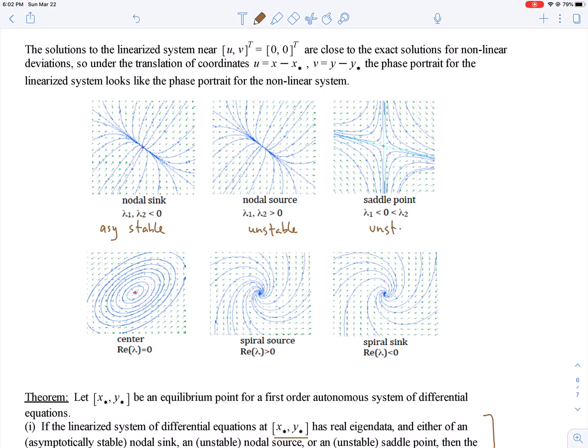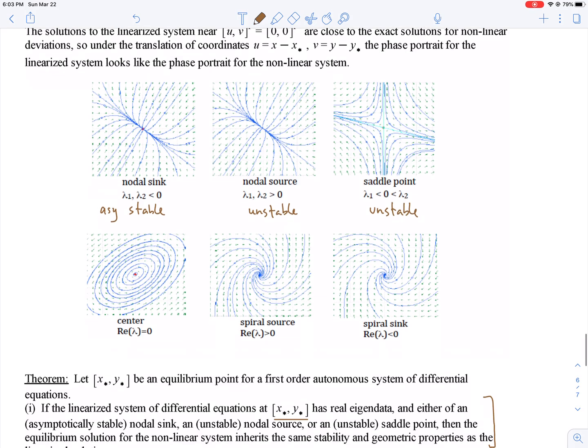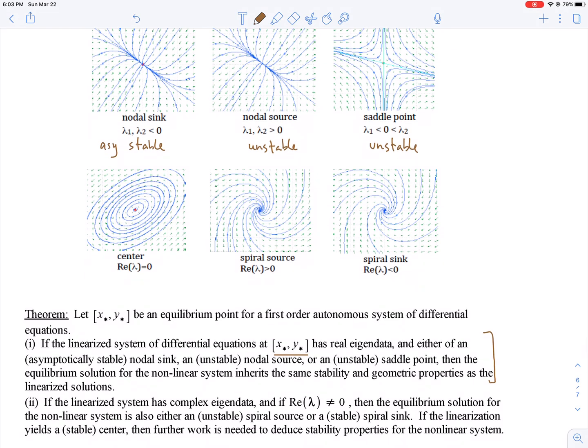Similarly for saddle points. Similarly for spiral sources. Similarly for spiral sinks, asymptotically stable.